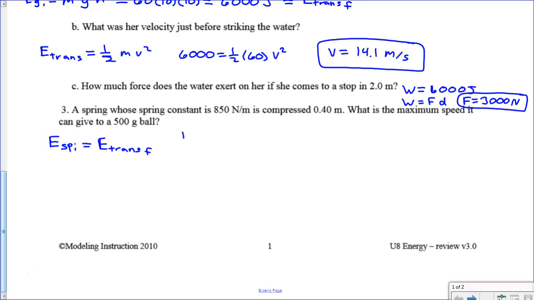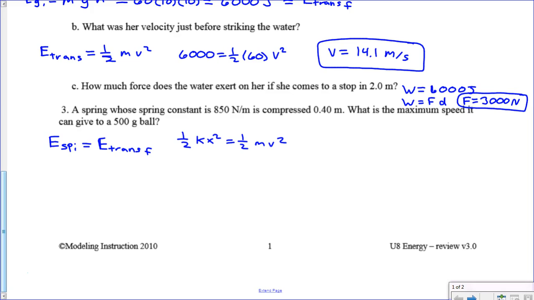So we have 1/2 kx squared equals 1/2 mv squared. You can drop the 1/2s. I'll probably just leave them for continuity, but you can get rid of the 1/2s because they're on both sides.